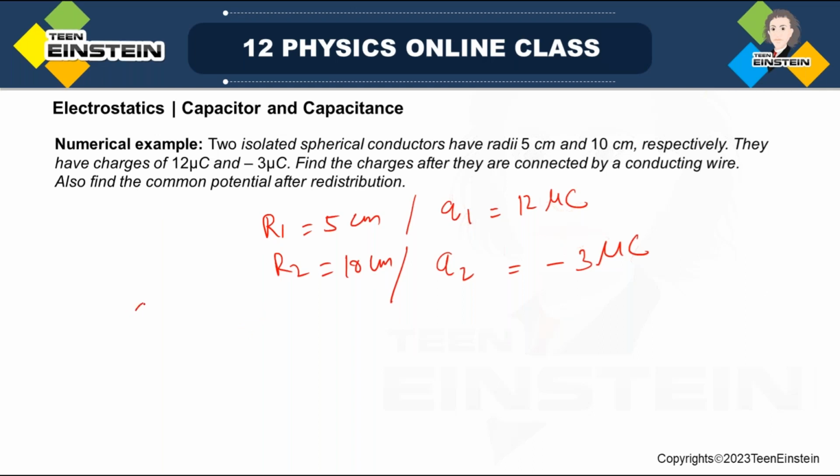We have to first of all calculate the capacitance. So C1 by C2 is equal to R1 by R2, as you have seen, and that is obviously equal to Q1 prime by Q2 prime, which we have already found out.